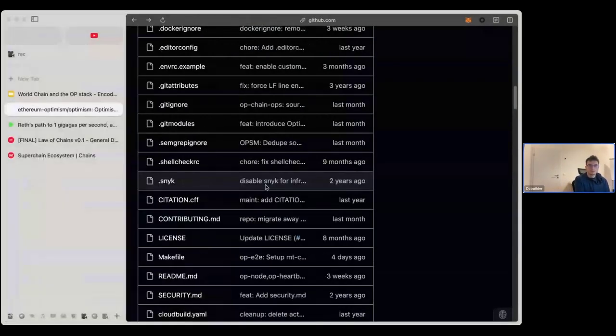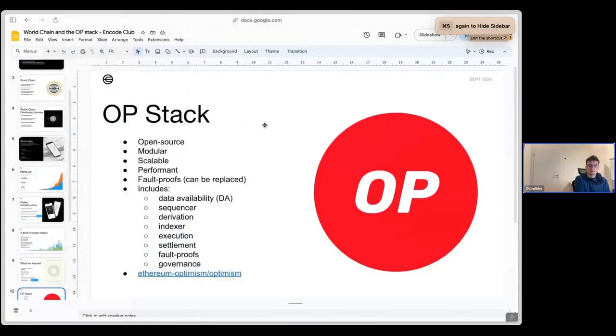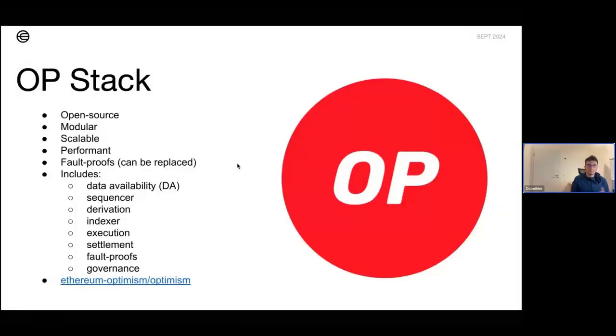So this is very appealing because third parties that are building scalability solutions don't want to think about paying someone for a license. They want to be part of this open source ecosystem and contribute to open source public goods. And so this is why we chose OPStack for Worldchain. It has all of these great properties. It is scalable, performant, secure.